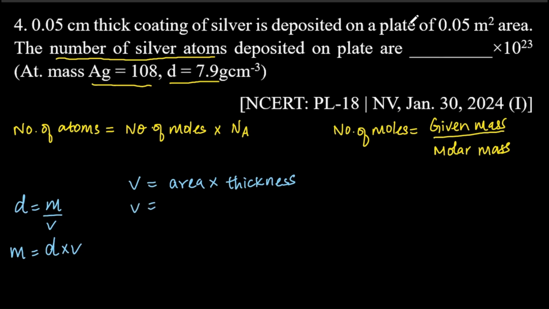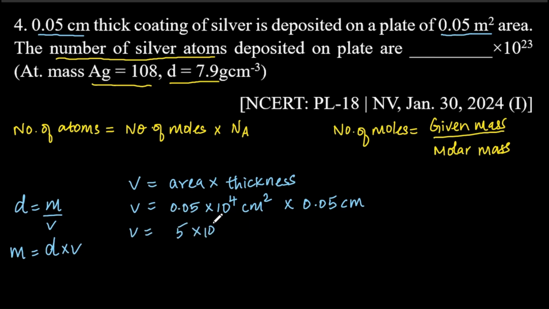So in question itself, area is mentioned as 0.05 meter square. 0.05 meter square you have to convert into centimeter square. So it will be equal to 0.05 into 10 power 4 centimeter square. Then thickness is mentioned as 0.05 centimeter. So when you multiply this 0.05 you can write as 5 into 10 power minus 2.